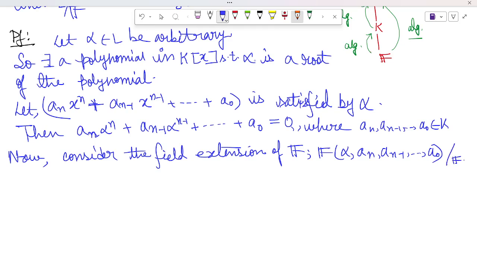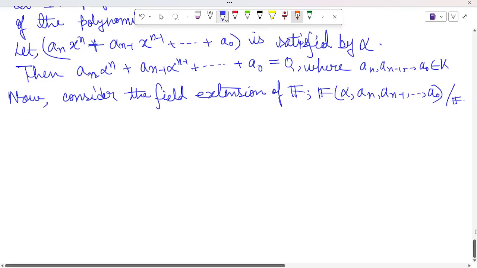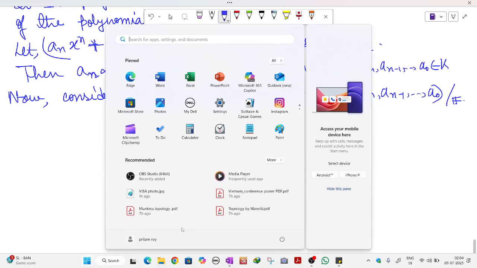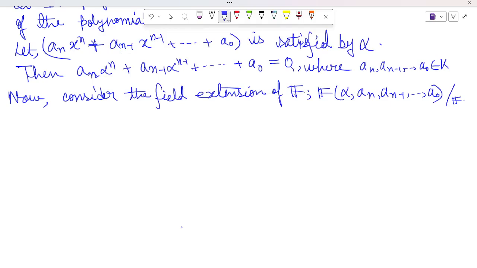This is an extension, right? Now I will use the tower law here.